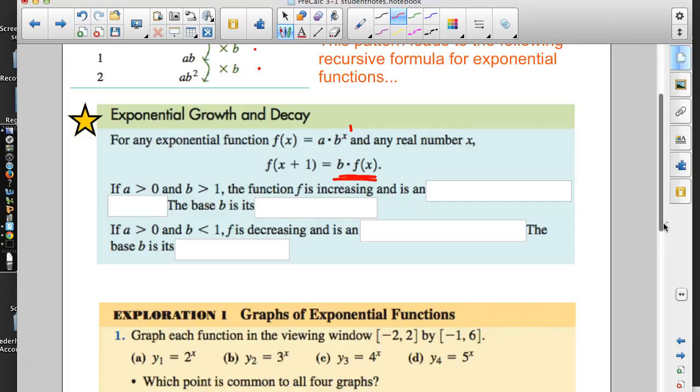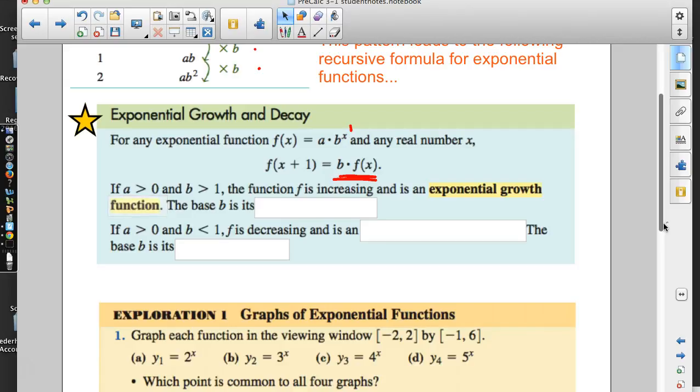Recursive, if you remember from sequences and series last year, means using what you already have to get the next number. And that's what's going on here. They're saying, if you want the next one, just multiply by whatever b was, and you'll have it. If a is greater than 0 and b is greater than 1, f is increasing, and we refer to it as exponential growth. So it starts small and starts going up really quickly.